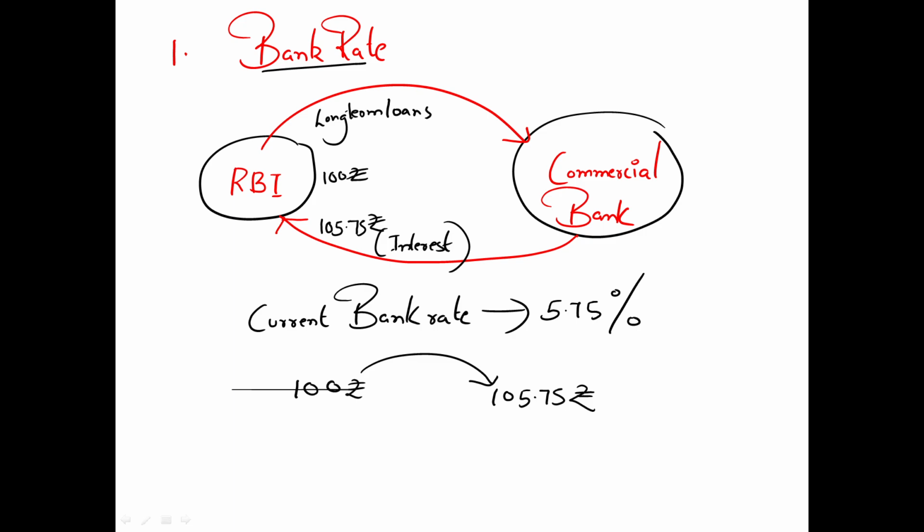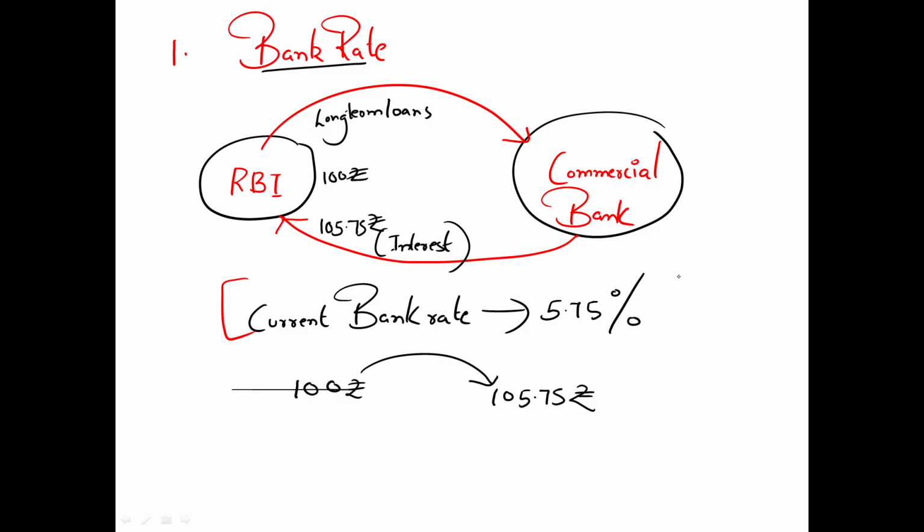So bank rate is the interest charged on the long-term loans given by the Reserve Bank of India to commercial banks, and currently the bank rate is 5.75% as on October. Every 2 months the bank rate, the repo rate, all these rates, RBI keeps changing according to economic fluctuations.